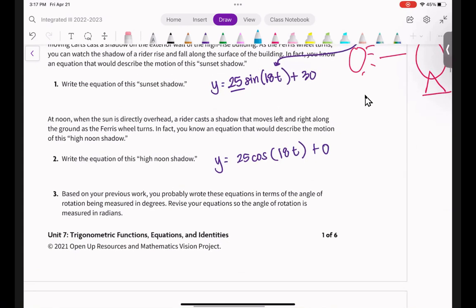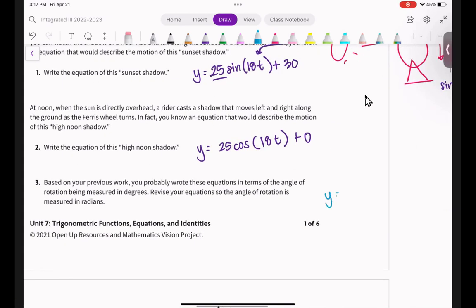Now I'm going to go with y equals 25 sine (pi over 10 t) plus 30, and y equals 25 cosine, I should put this in parentheses, (pi over 10 t) plus 0, right? So this is not anything new. We haven't done anything new, okay?